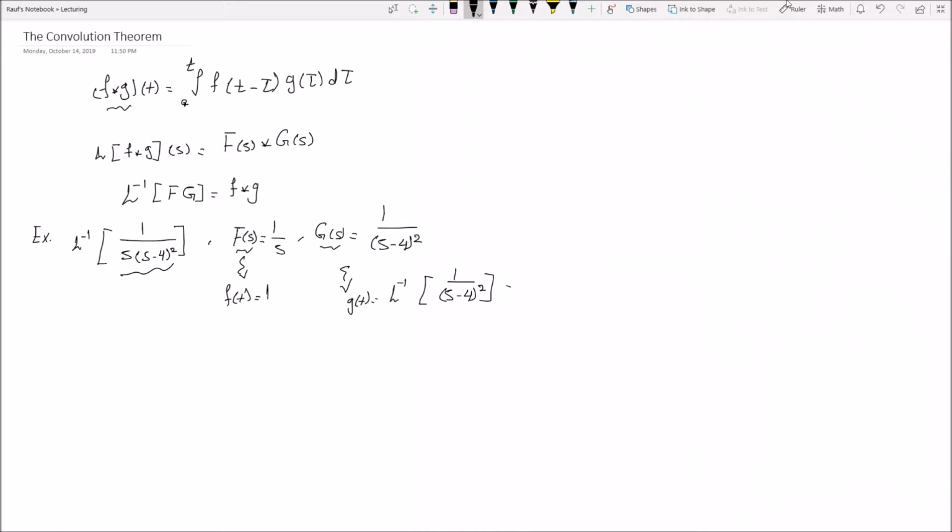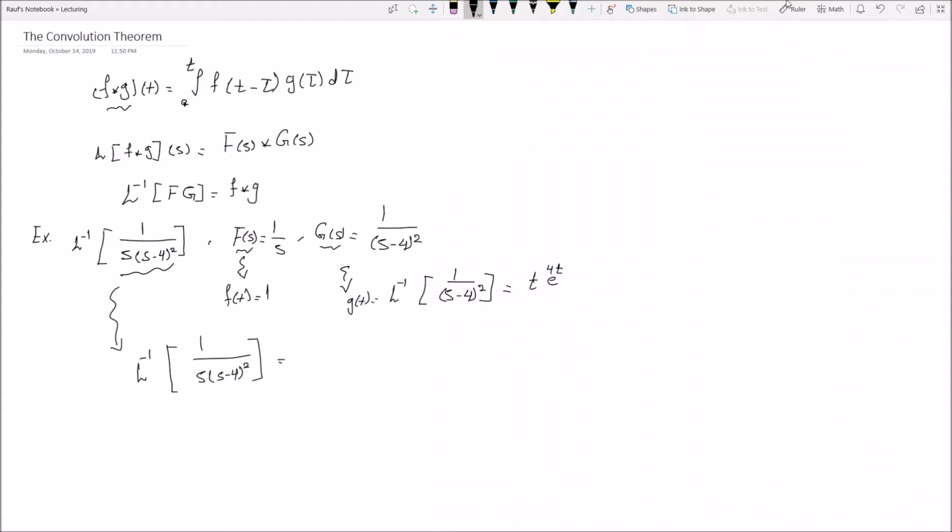Okay, in this case it is t multiplied by e to the power of 4t. Now what if we want to get the Laplace inverse for the two functions, the Laplace inverse of 1 over s multiplied by (s minus 4) all squared.